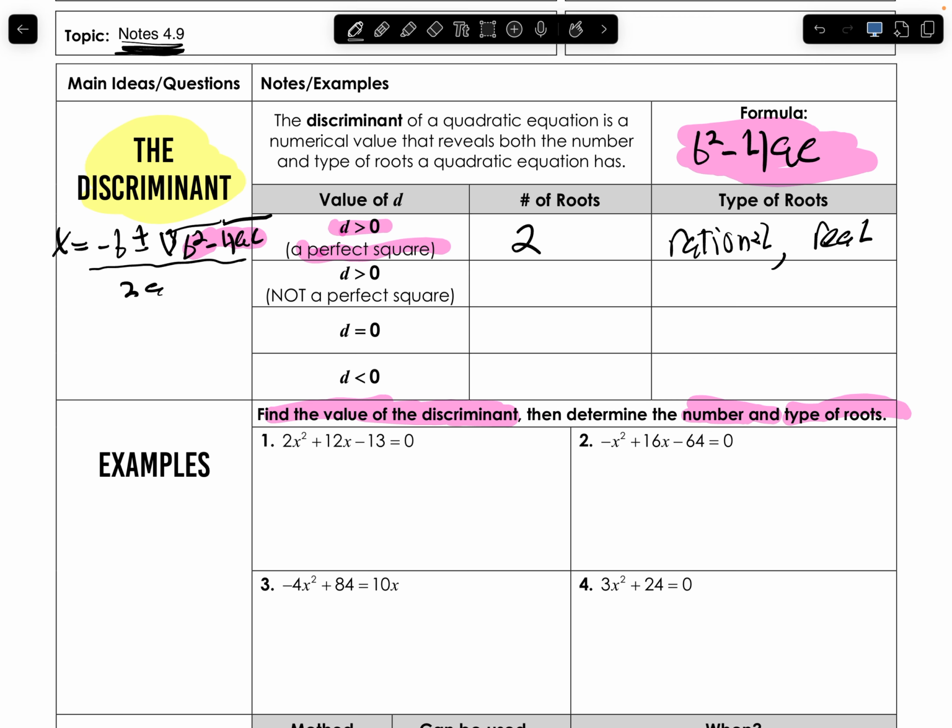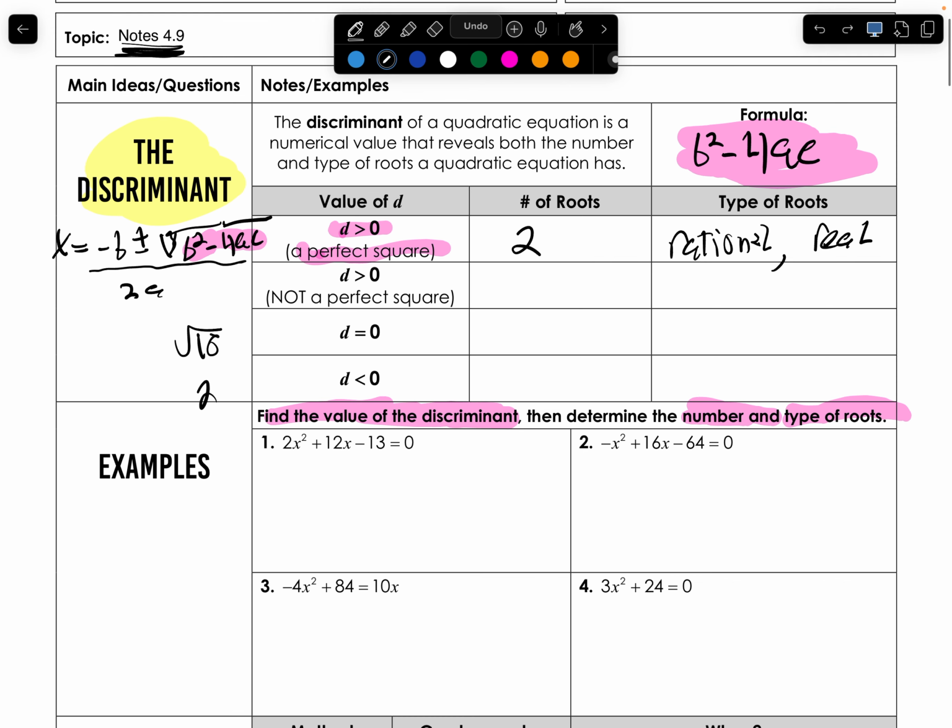Okay, so this other one, if it's not a perfect square under the radical, right? If the discriminant doesn't come out to a perfect square. Remember perfect squares? Perfect squares are like if you had 16 under there or 25 under there. Those were perfect squares, right, guys? Well, if you don't have any of those things under there, and you get a positive number, but it's not a perfect square, you're going to have, again, two roots, but they're going to be irrational.